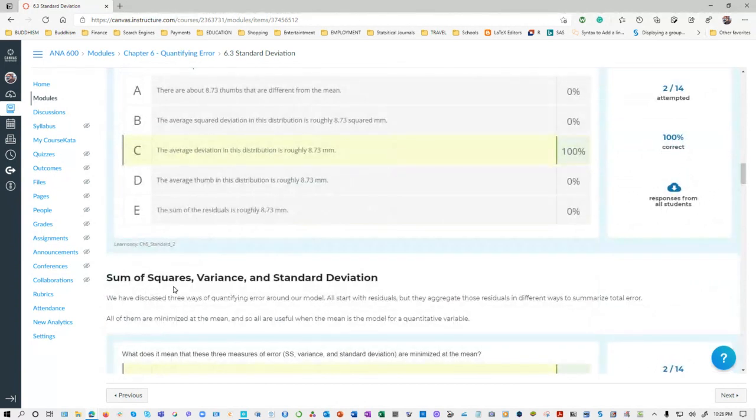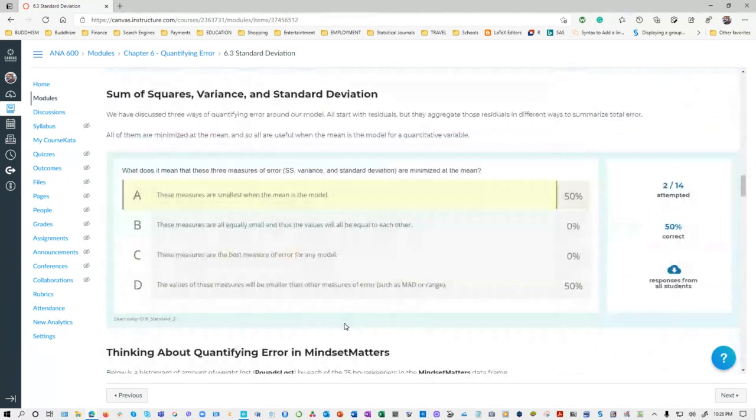So sum of squared. Now you have a sum of squared residual, you have variance, you have standard deviation. We have discussed the three ways of quantifying error around our model. All start with residual, but they aggregate those residuals in different ways for summarizing the total error. All of them are minimized at the mean, and so all are useful when the mean is the model for quantitative variables.